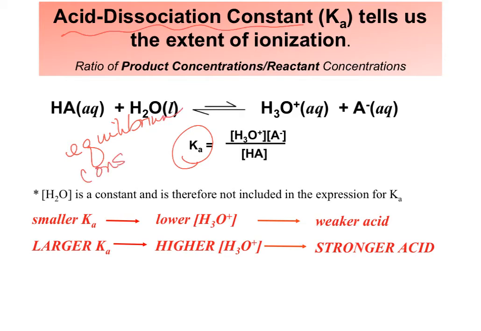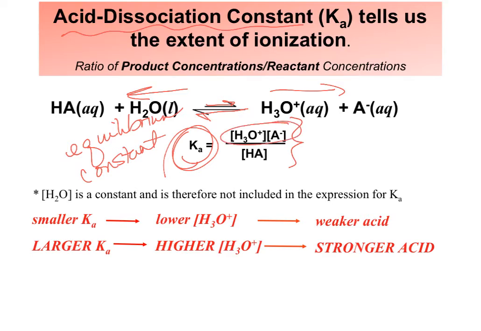If you have a reversible reaction, like we do with a weak acid or a weak base, there is an equilibrium constant which tells us whether this reversible reaction favors the reactant side or the product side.